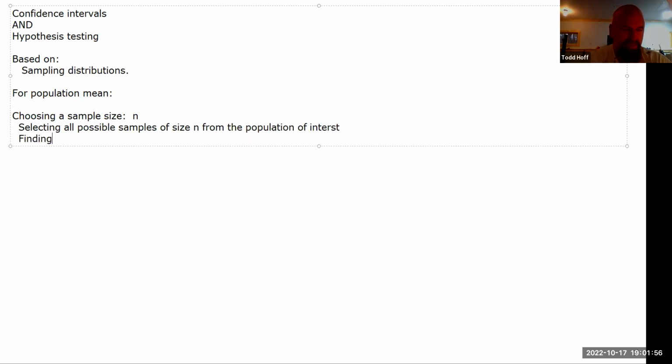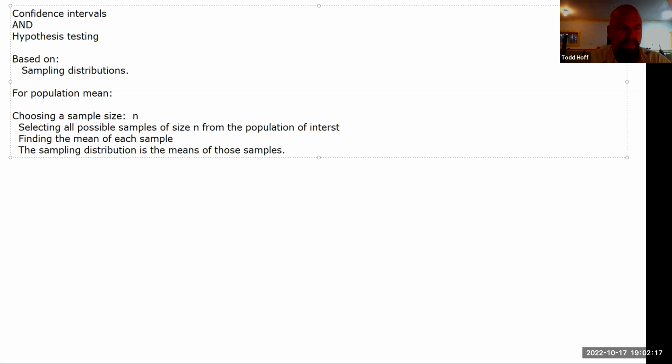Finding the mean of each sample. And then the sampling distribution is the mean, all those means of those samples. So it's literally sample means that are making up the distribution of the population mean.